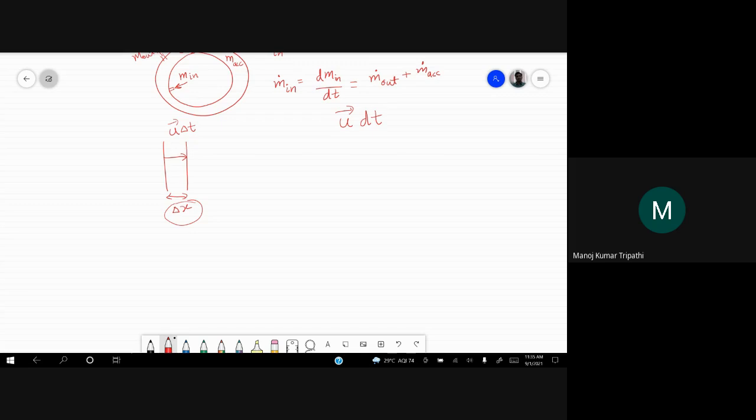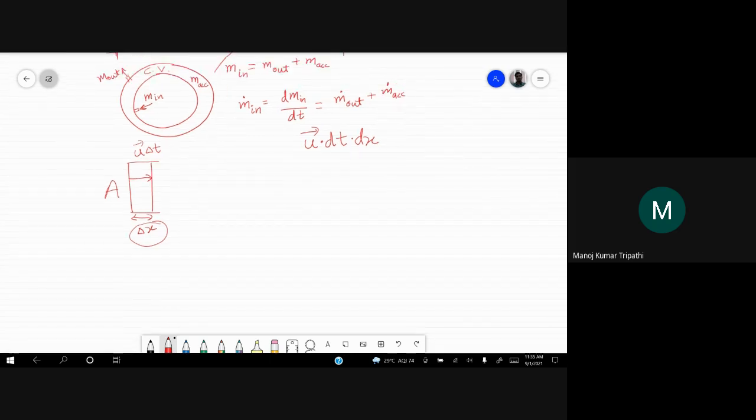And what will be the volume of fluid that passes in this much time? It has to be area of cross section A times delta x. So let me write dx here. I am using dt and delta t, dx and delta x interchangeably. This is not correct maths, but still I am writing it like this.